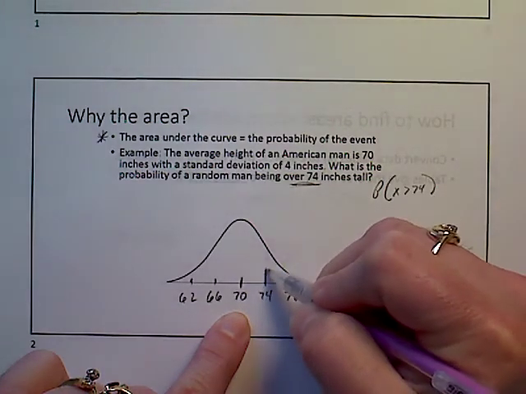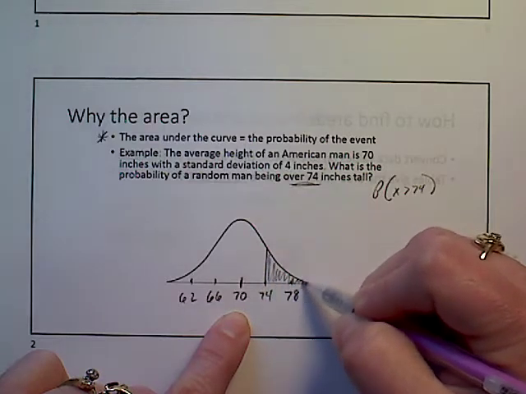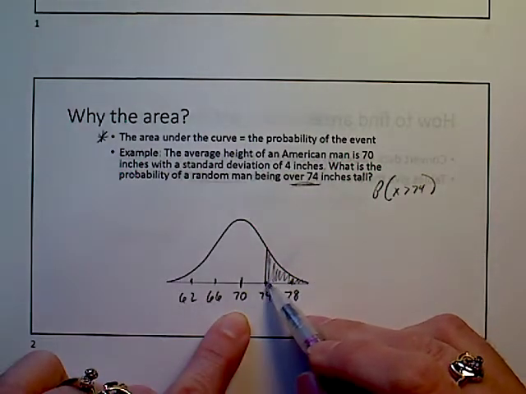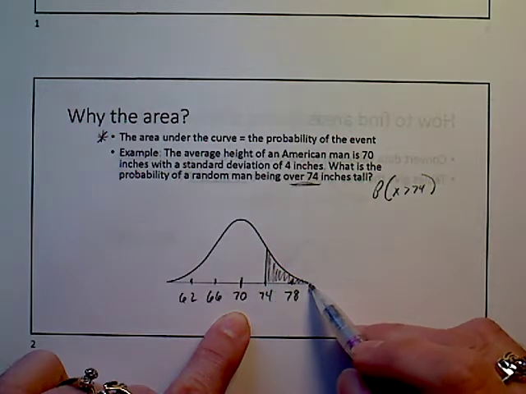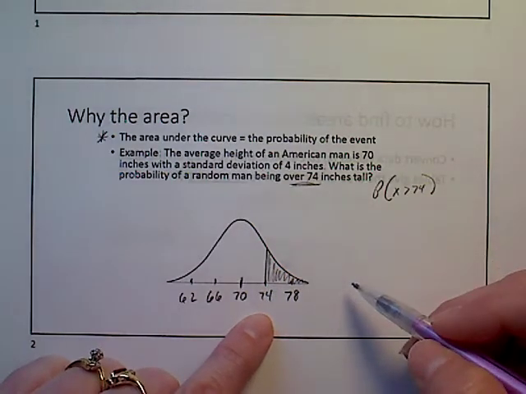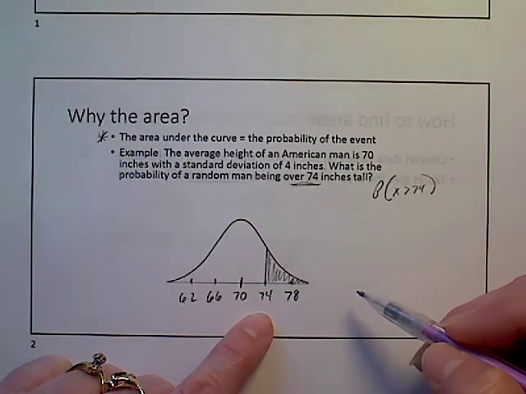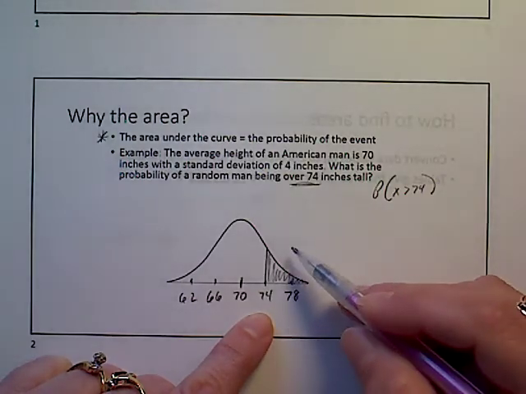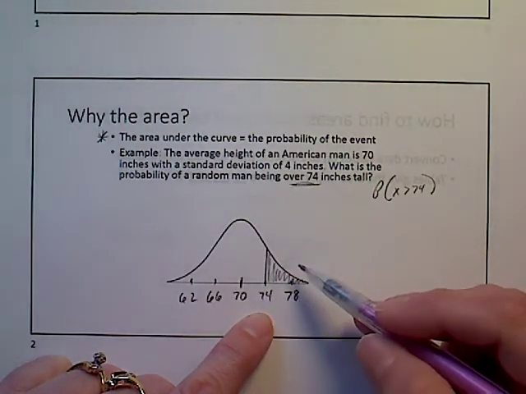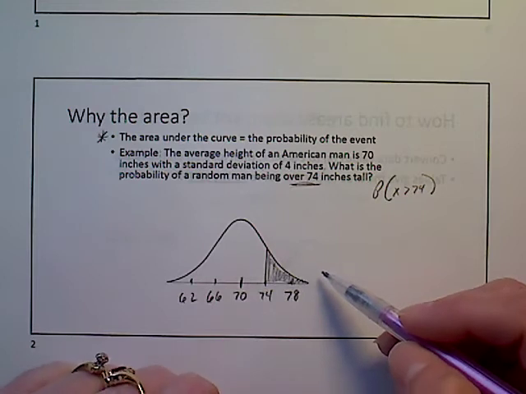So we go over here to 74, and everything to the right is a height that is over 74 inches. See, he could be 74.1 or 74.25 inches or something like that, right? Or 76.37 inches, whatever. But it's a continuous set of data, so I have to go find the area because I want all the probabilities that are over 74 inches.